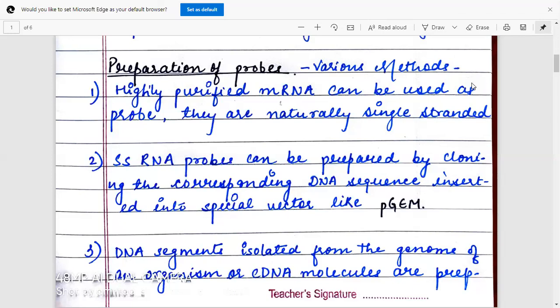One of them is that highly purified mRNA can be used as a probe.